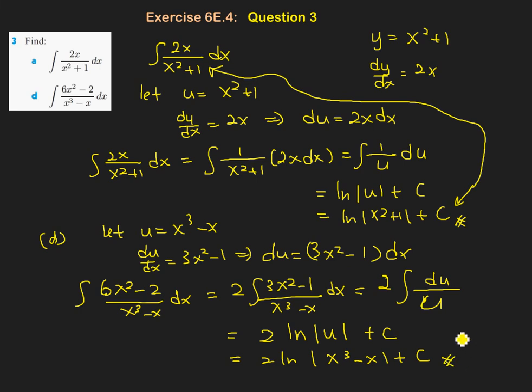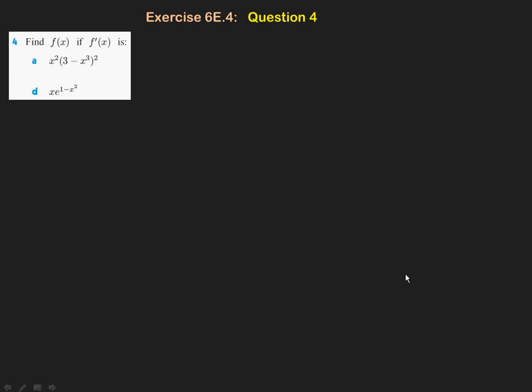I'm gonna move on to another type of integration problem. We're going to attempt D, and then I give you a hint on how to do part A, right? So what we're going to do is first begin as follows. You think about it, you probably realize that if you differentiate 1 minus x squared, you get negative 2x, right?